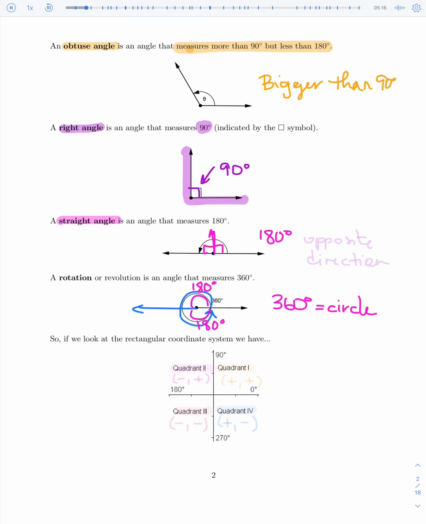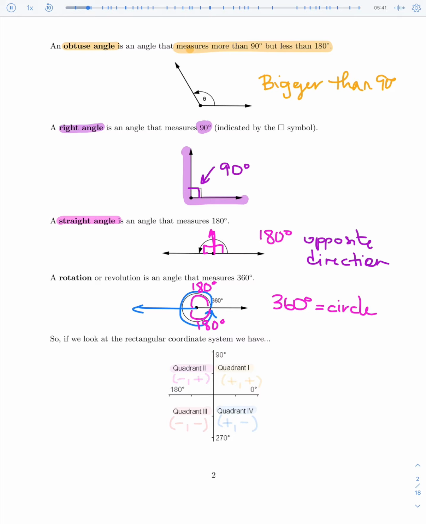When you do a 360, you're going around a big circle and you're going to land exactly where you started. So 180 degrees is the opposite direction, and 360 is a circle. You're ending right where you left off, where you started. You're going in a big circle.